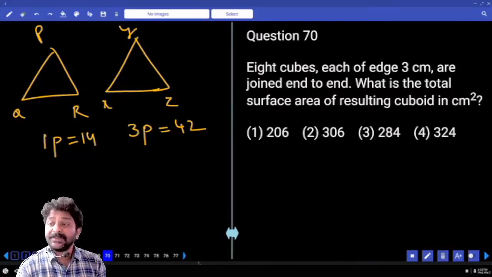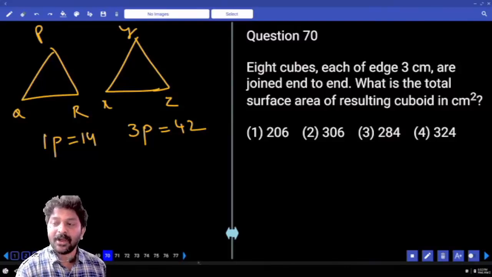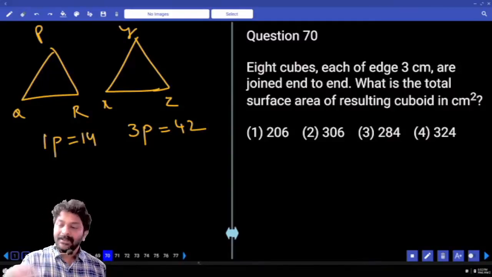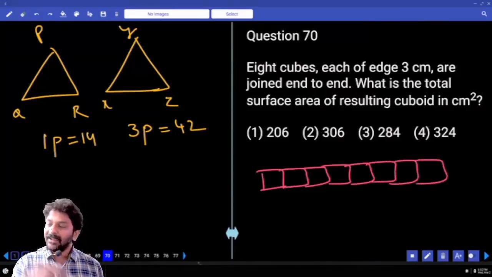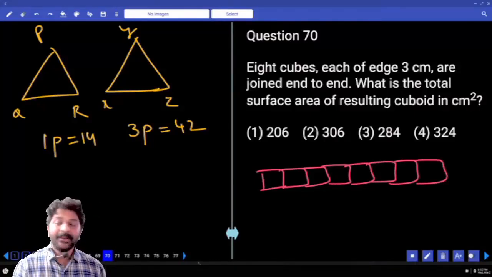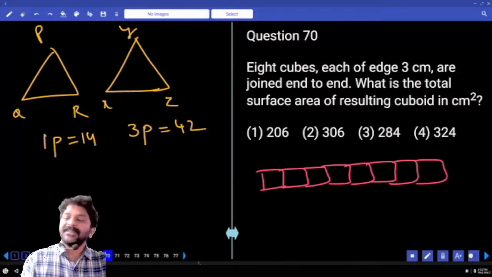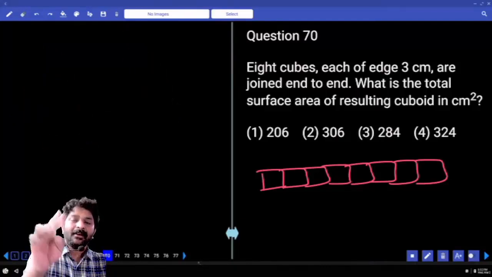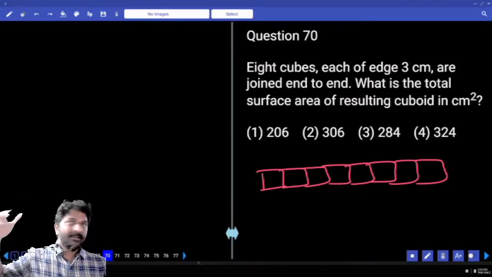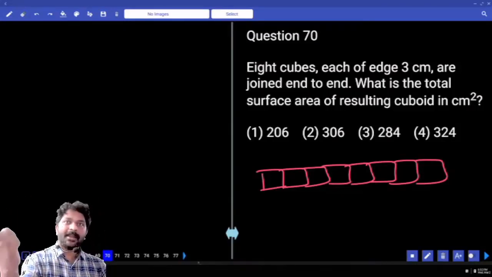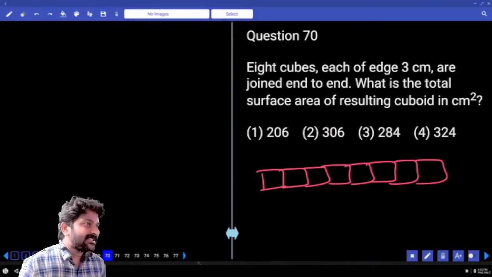Eight cubes, each of edge 3 centimeters, are joined end to end. That means one after another: 1, 2, 3, 4, 5, 6, 7, 8. Like this they are joined. What is the surface area of the resulting cuboid? What do you mean by surface area? Outside area, right? You can treat this room as a cuboid. What is this?